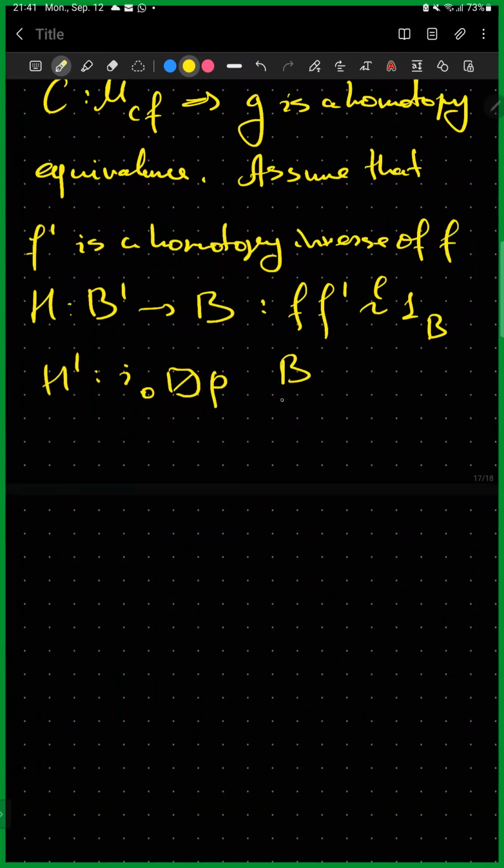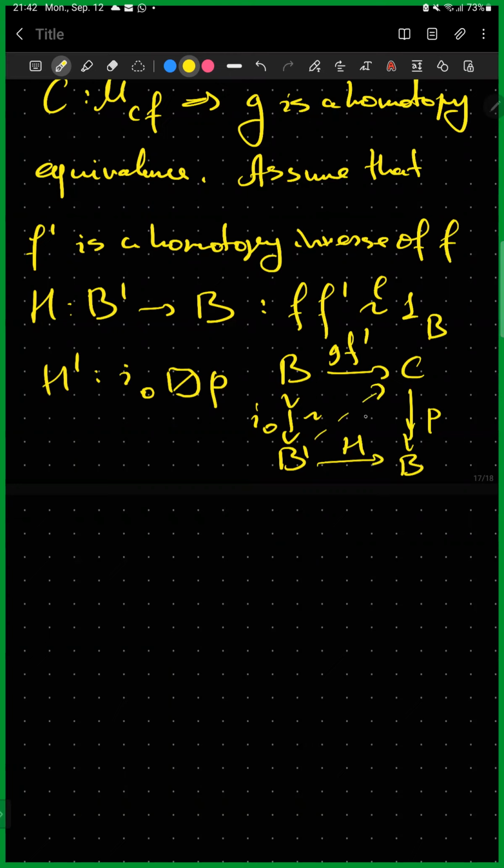In more detail, we have B to B prime with equivalence. Here we have GF prime. Here we have H, and here we have a lift H prime.